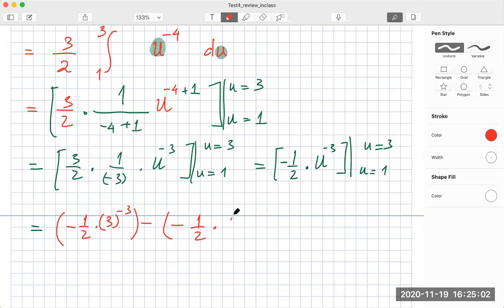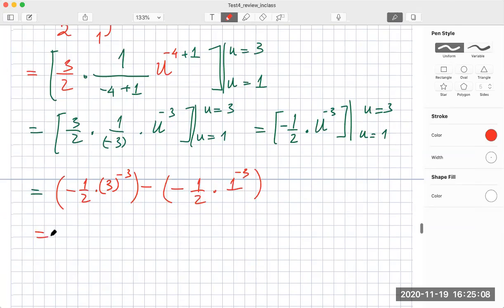Times 1 to the -3. Yes. Then the negative here gives us negative 1/2. This is a negative power, so we can push it down to the denominator, right? It was negative 3, and we bring it down to the denominator. It becomes 3 to the 3.